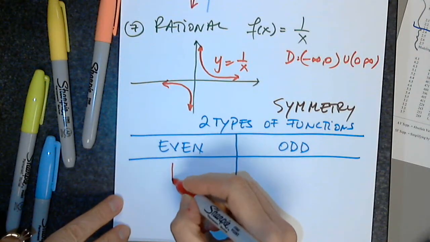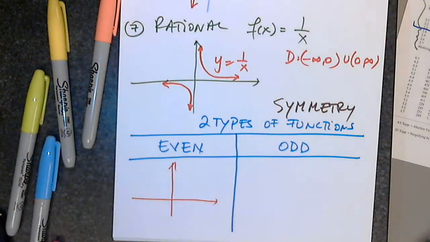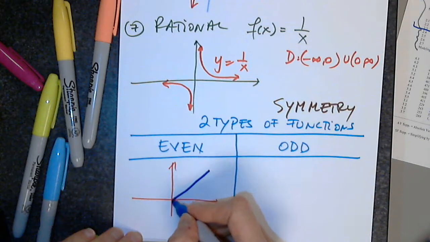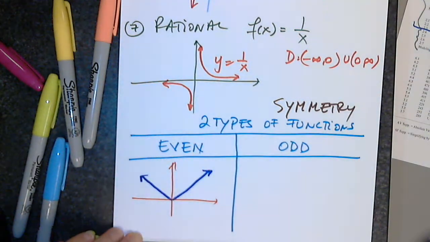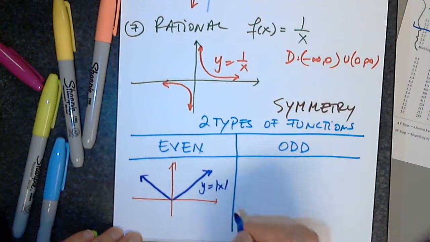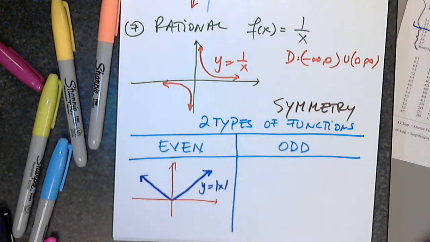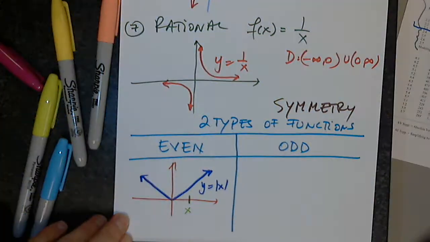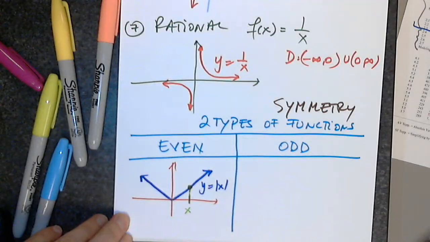I'm going to copy a function and you'll tell me which one it is. Yes, very good. Y equals the absolute value of x. Perfect. And now I'm going to ask you the following question. Let's say I pick some x value and I draw a vertical line. I see it crosses the graph in a point.